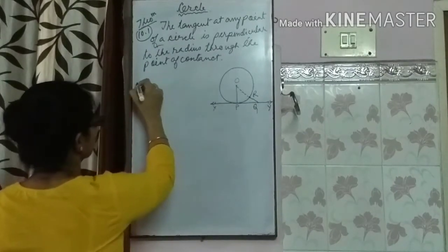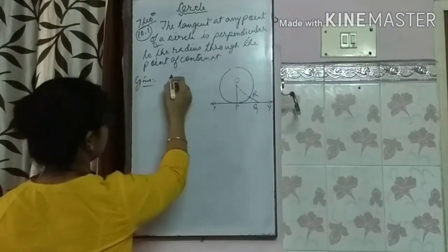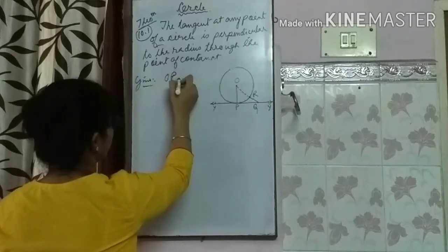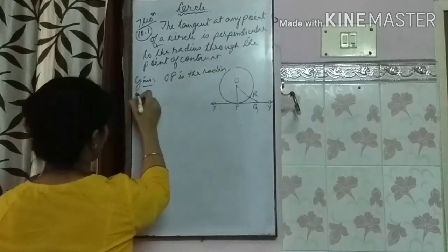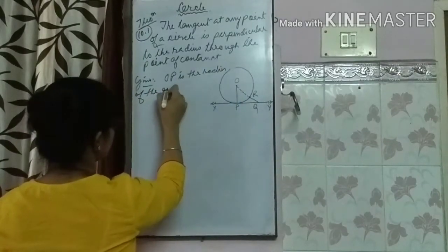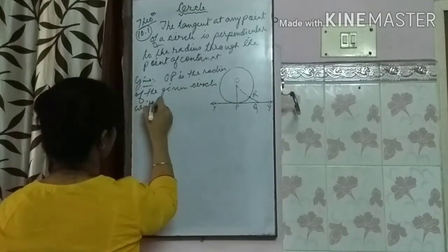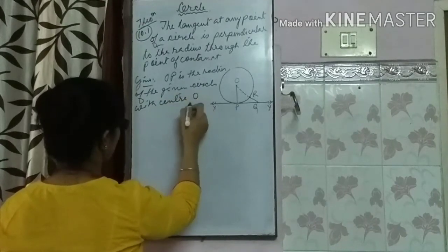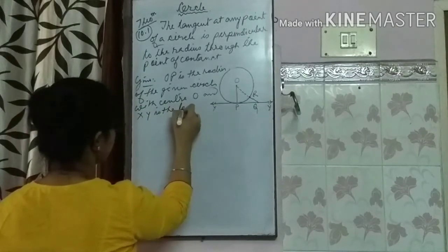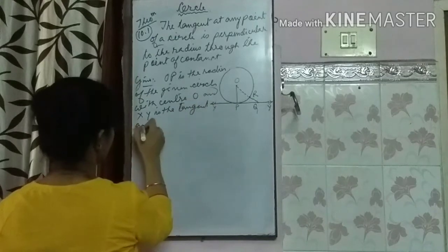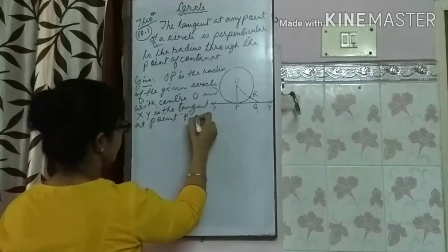So we will write in a single line. Given: OP is the radius of the given circle with center O, and XY is the tangent at point P on the circle.